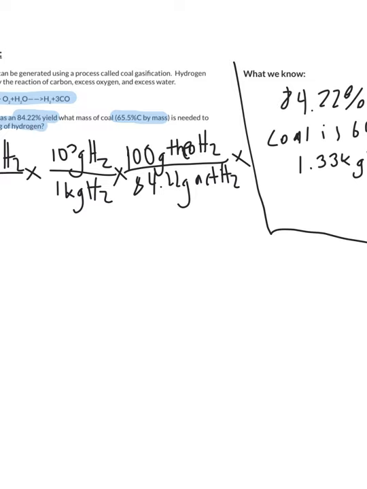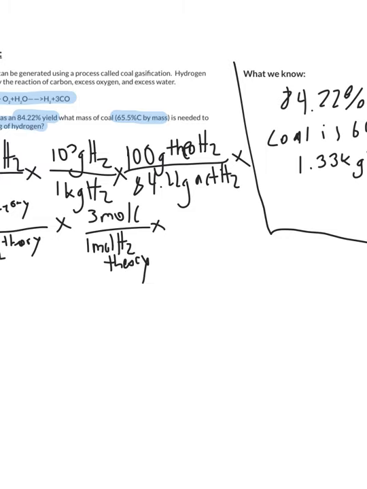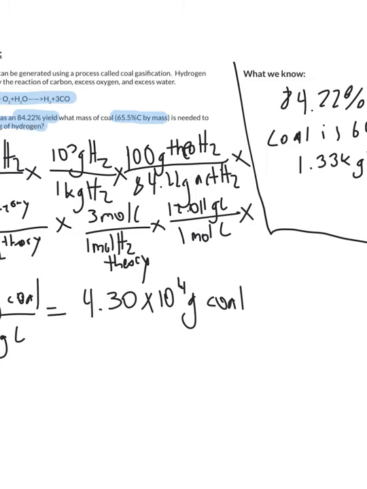We know that 1 mole of H2 is 2.02 grams of H2, and we know that 3 moles of carbon equals 1 mole of H2, and then we will convert that from moles of carbon to grams of carbon, and then we will use our 65.5 grams of carbon per 100 grams of coal to get our grams of coal.